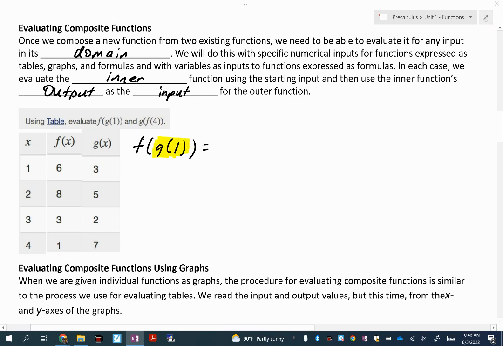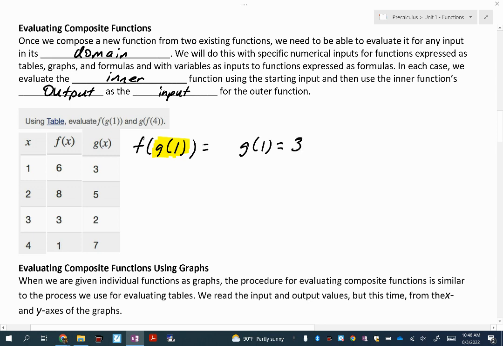I know that's different than how we did the composition when they gave us the actual function. There are many different strategies depending on what you're given. When I get a table, I just ignore the f. I know you can't see me, but I'm covering up the letter f with my finger. So g of 1 is all I care about, and g of 1 is going to be 3.